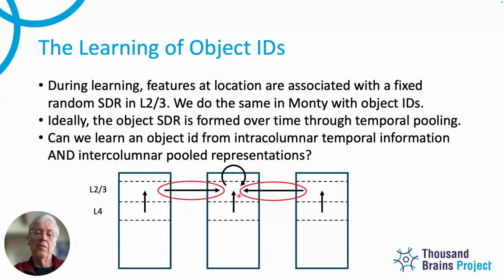Well, let's go on, because you say we can learn an object ID using intercolumn or pooled representations. So that's suggesting that the circled arrows are training the middle column. They're a learning signal for the middle column. That's what your sentence says.